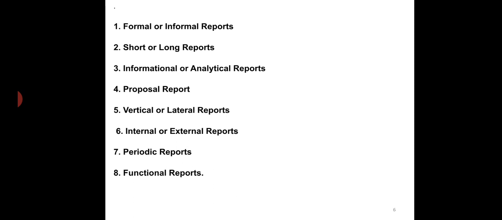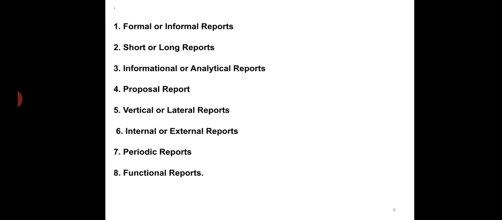Then the last one is functional report. Functional report in the sense this type of report includes accounting reports, marketing report, financial report, and a variety of other reports that take their destinations from the ultimate use of the report.